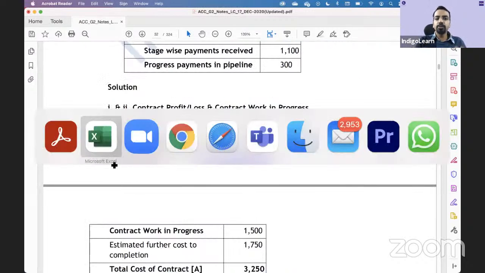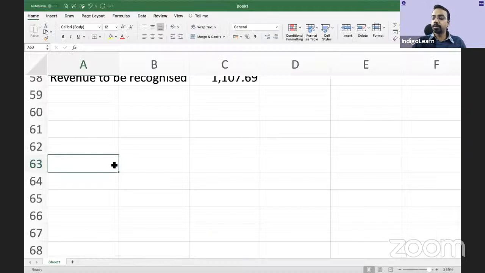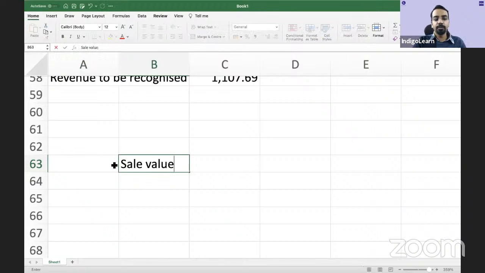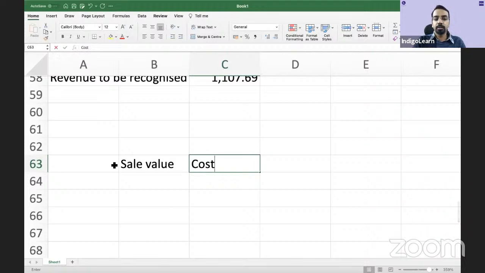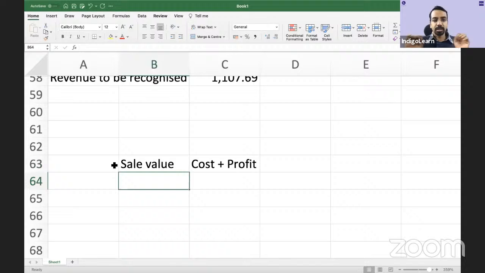Say, whenever you sell some goods to the customer, what happens? How much do you charge from the customer? Sale value is equal to cost plus profit. Correct? Simple. If it is loss, sale value will be cost minus loss.